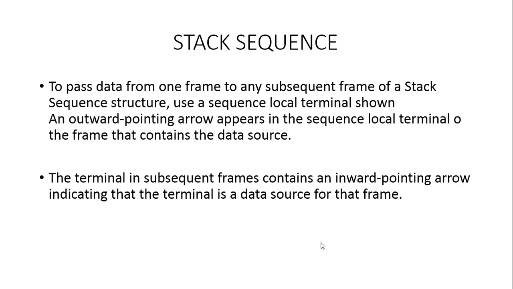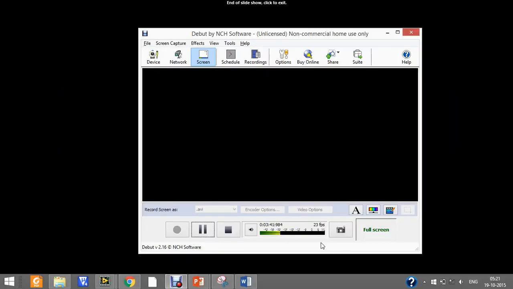In the other frames of the stacked sequence, the sequence local terminal shows a downward arrow, showing that you can get the data which you previously sent from the earlier frames. Let's go to the code.